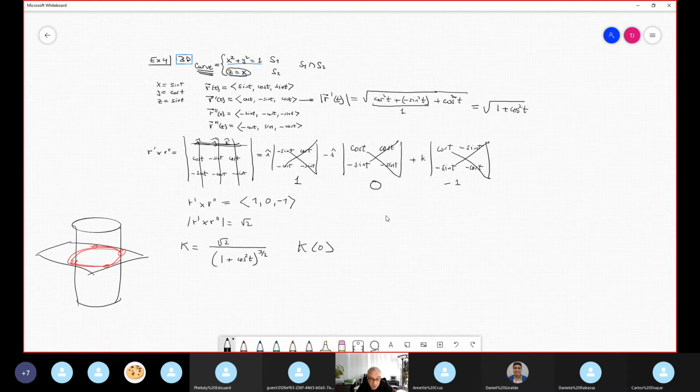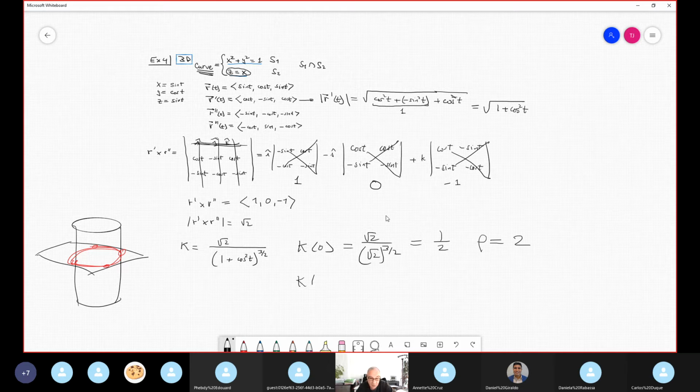Kappa at 0: cosine 0 is 1, 1 plus 1 is 2. So we have radical 2 divided by radical 2 raised to the 3/2, no? Okay, this is 1/2. Therefore, the radius of curvature is 2.